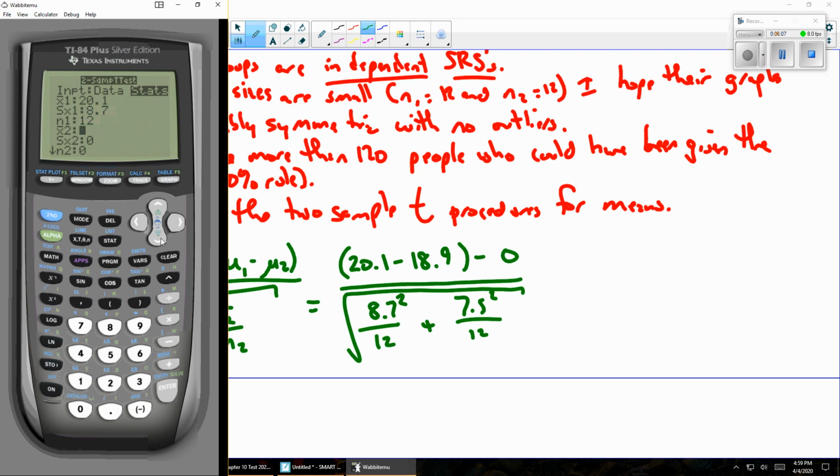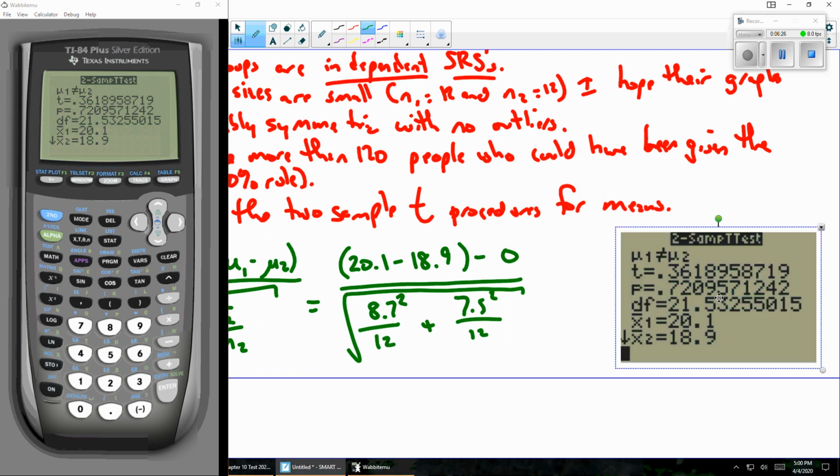Type that in. I'm doing a two-sided test. My calculator asks me if I want to pool. I do not want to pool. So I hit calculate, and I get this information.